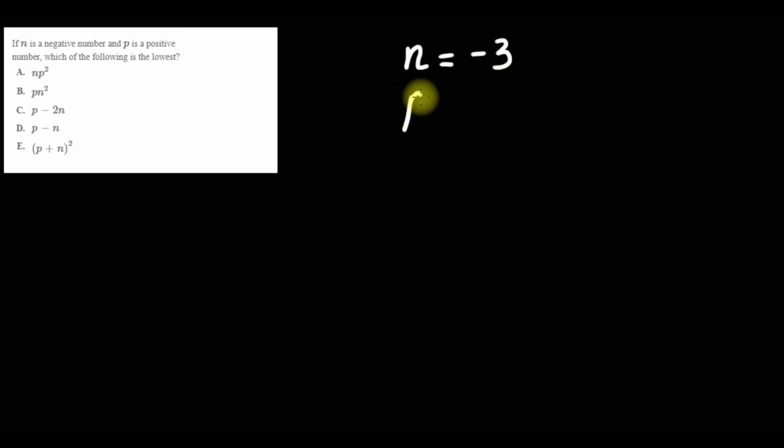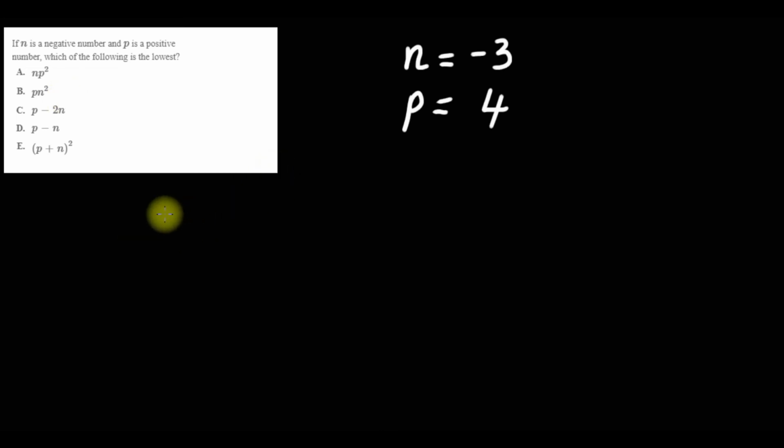And p is a positive number, so we can call it 4. It doesn't have to be these 2 numbers; you could pick any other numbers for n and p. We're just trying to work these numbers out using these expressions and see which one comes out to the lowest number.